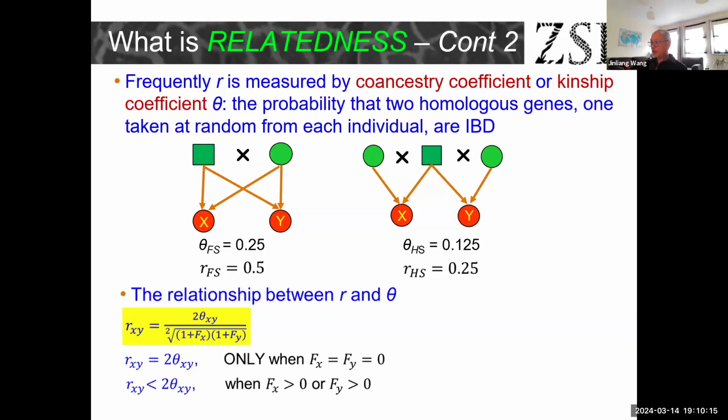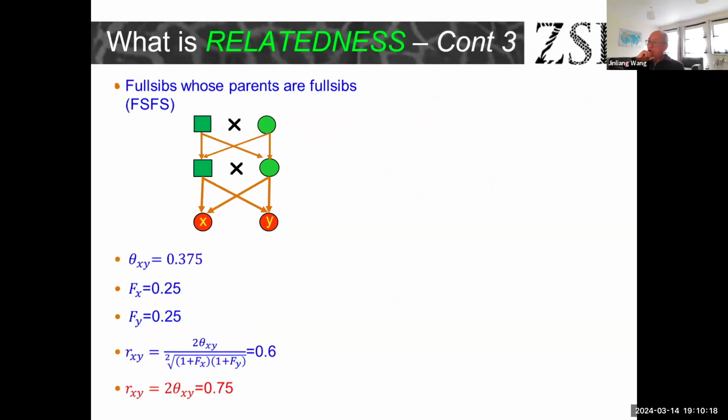Let's see a few examples. For example, for full sibs whose parents are full siblings, individuals x and y are inbred. They have an inbreeding coefficient of 1/4. In this case, if you use the formula to get the exact r value, it is 0.6. But if you assume r is 2 times theta, it is 0.75. It is an overestimate, obviously.